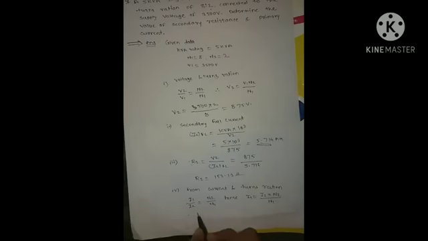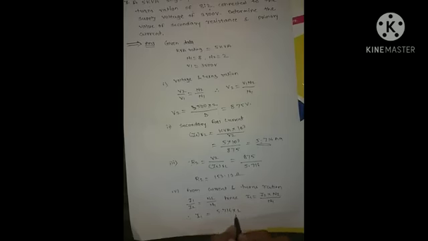Therefore, I1 equals to, by putting all the values, 5.714 into 2 divided by 8, I1 equals to 1.43 ampere. This is the value of I1.